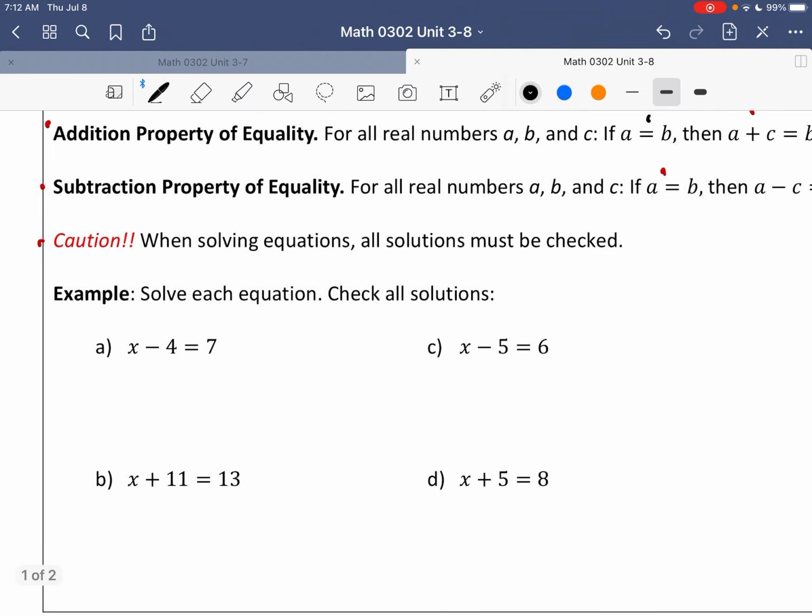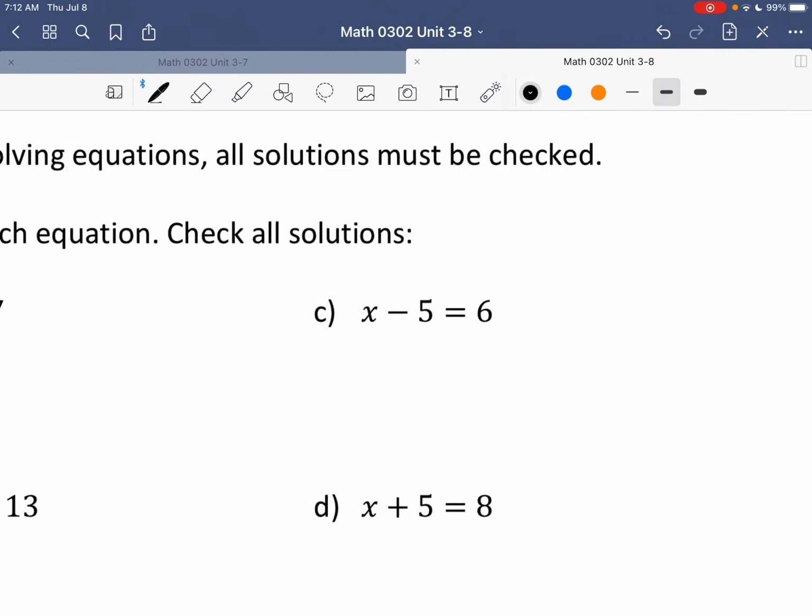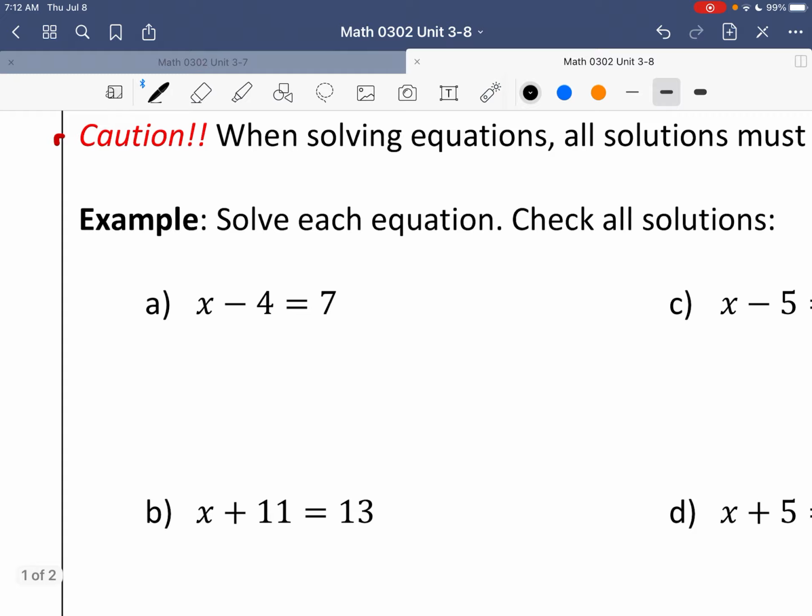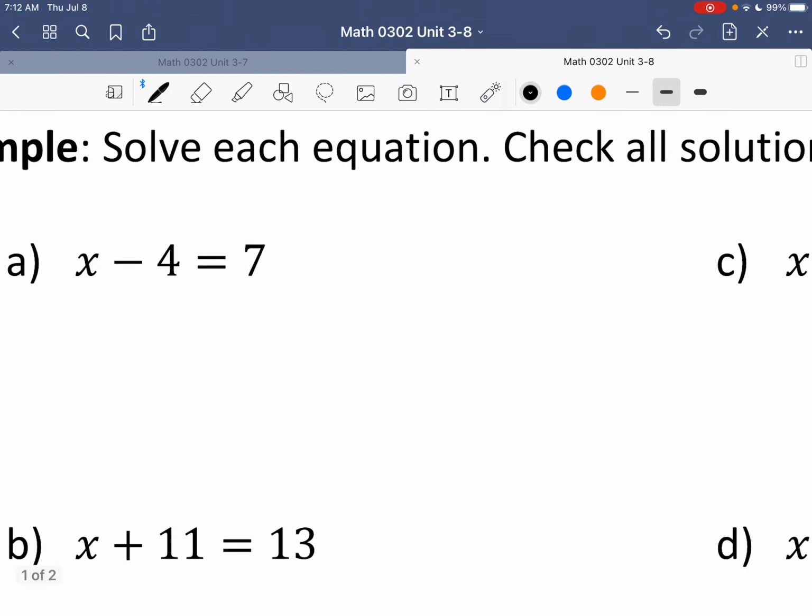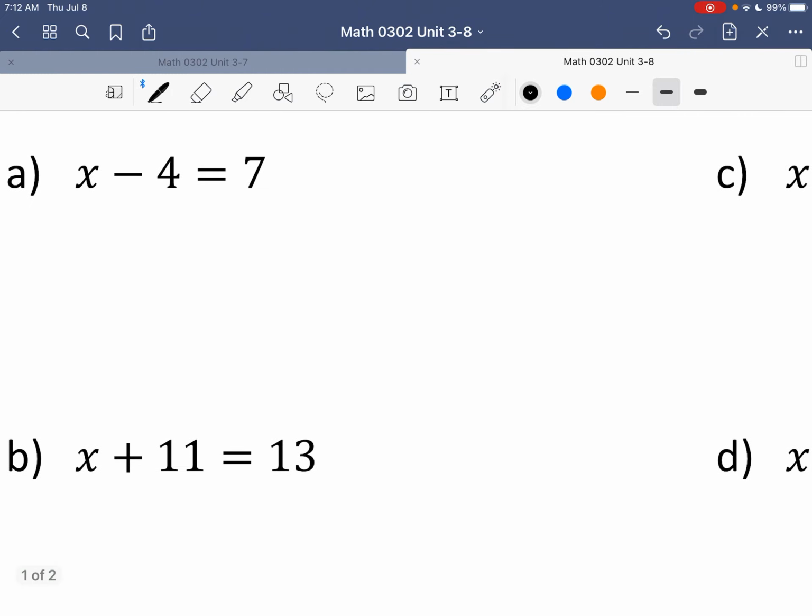The example says to solve each equation and check any solutions. Take a look at part A. We're given the equation x minus 4 equal to 7.